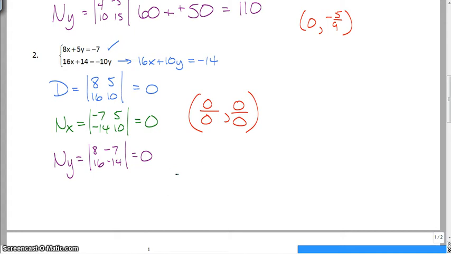So the question is, is this going to be no solution or infinite solutions? Because everything is 0, you're dividing nothing by nothing, is that really a problem? Not really. So we have infinite solutions. And again, that means they're the same line. Okay?